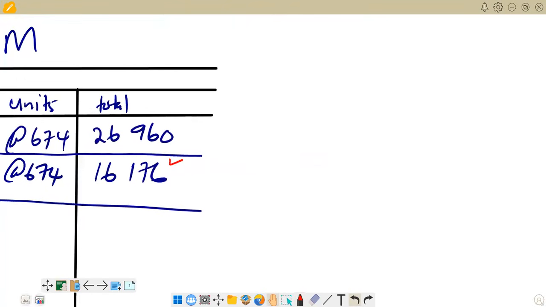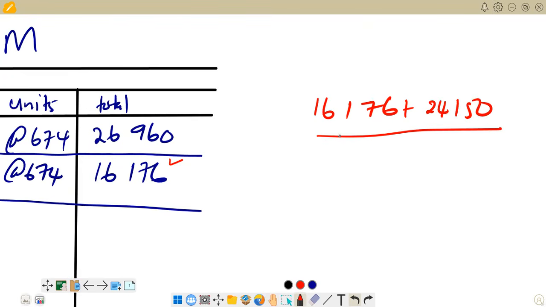So now what we are saying, we are going to say 16,176. This was the value before, and then the new units that we received with the value of 24,150. Then we divide by the total number of units that are there now. Previously we had 24 units.